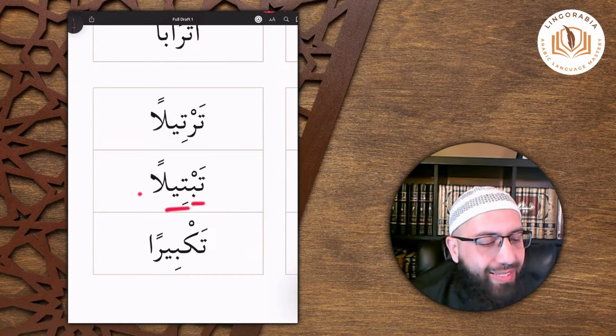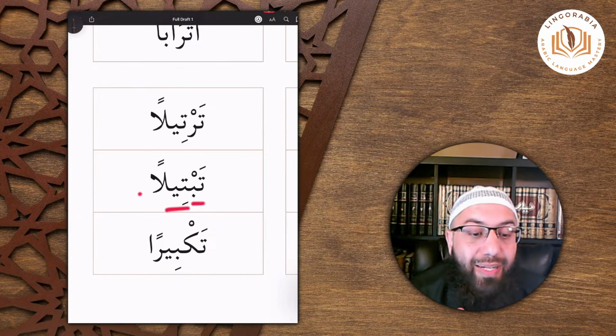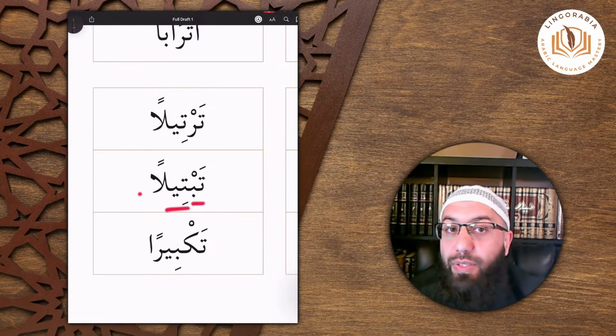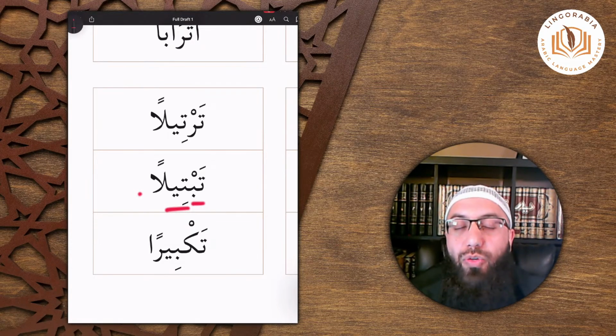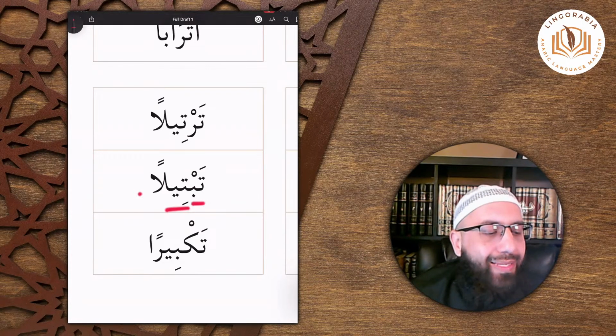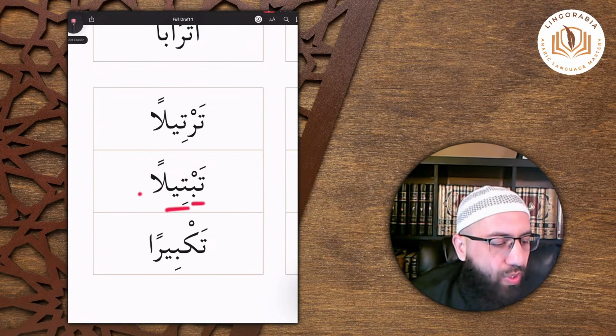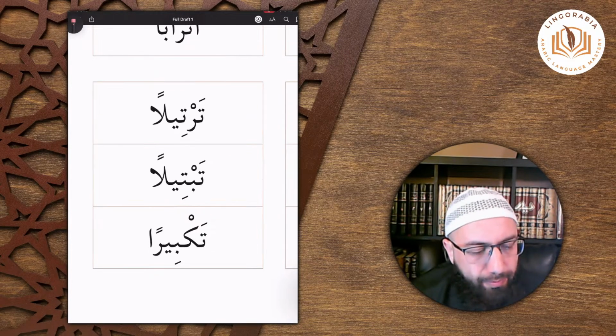Irish Pride says tabati la. Yes, guys, you read tabati la. If this is the last word, you don't pronounce the n at the end. So you don't say tabati lan, you say tabati la. That's how you pronounce it.